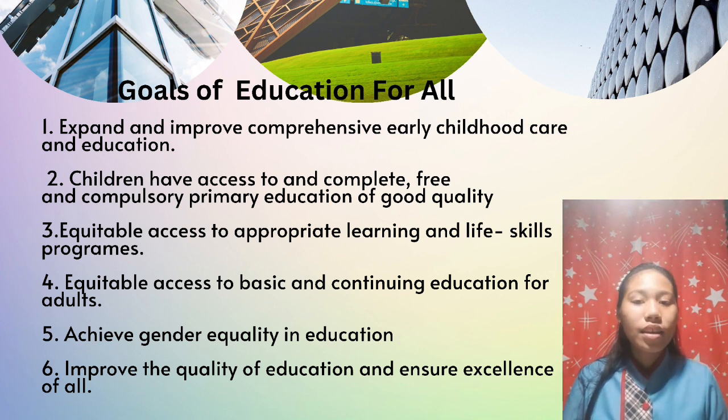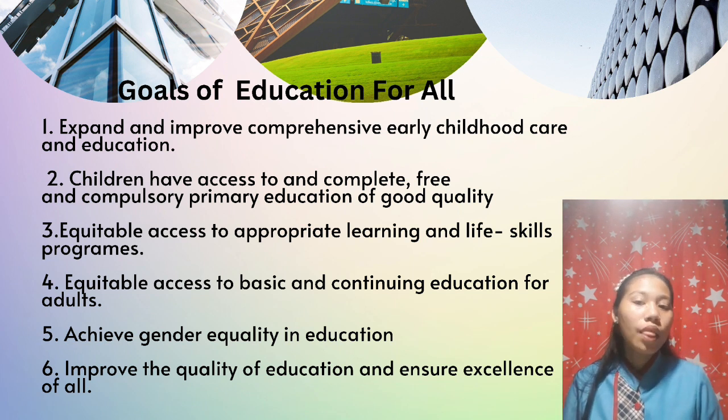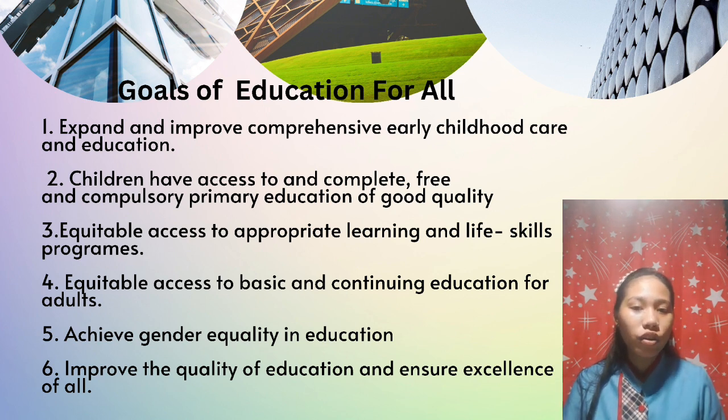Number 3 is equitable access to appropriate learning and life skills programs. Number 4 is equitable access to basic and continuing education for adults. Number 5 is to achieve gender equality in education. And number 6 is to improve the quality of education and ensure excellence for all.